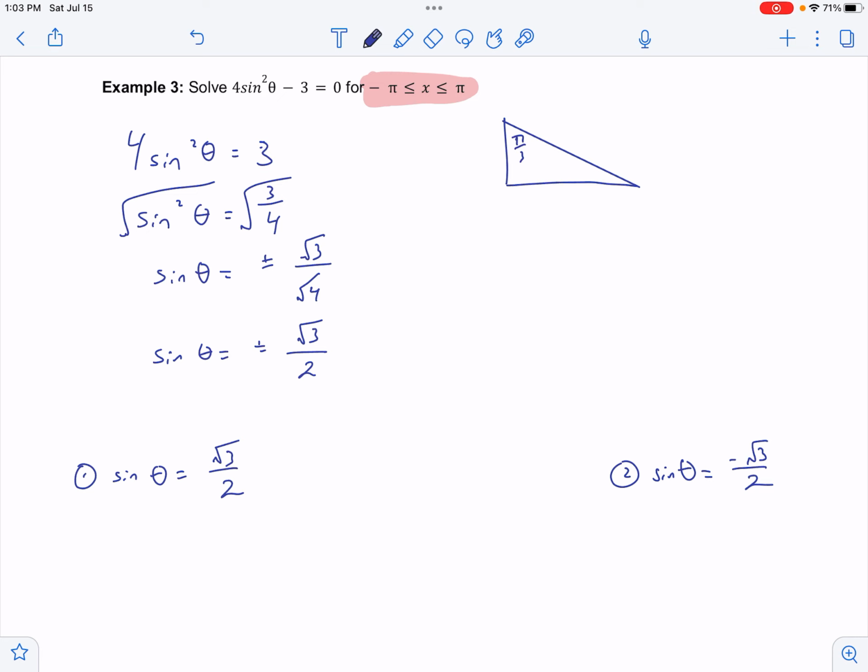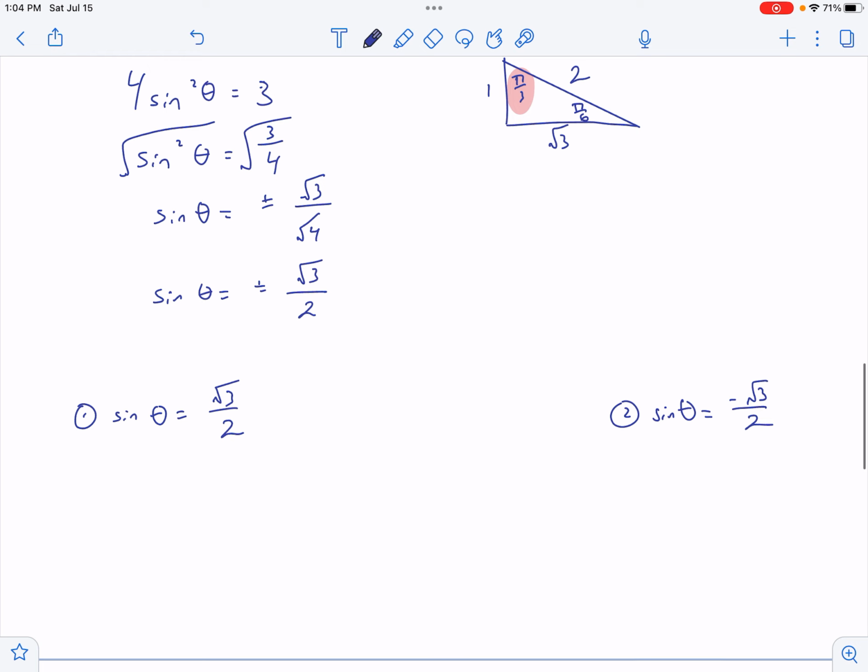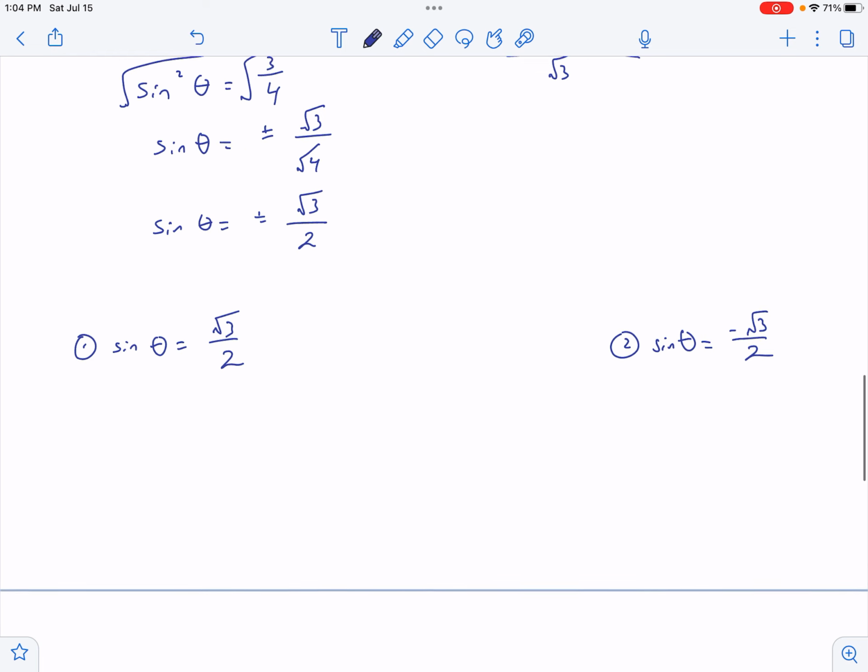This will be pi over 3, root 3, pi over 6, 1, 2. And I'm dealing with sine, so my angle is going to be pi over 3, so that the opposite can be root 3. Okay, my related acute angle is pi over 3. Let's do our first one here.